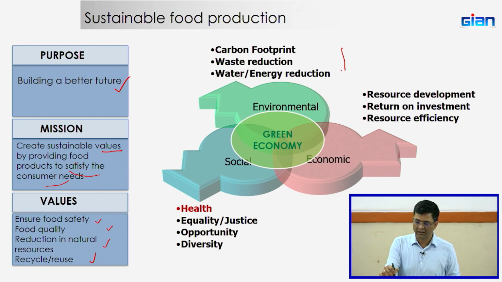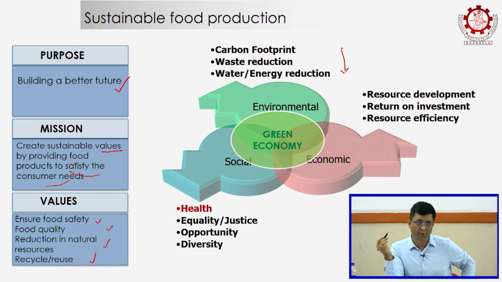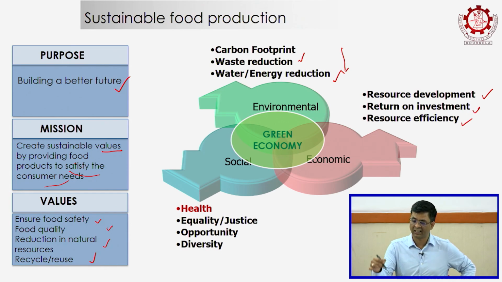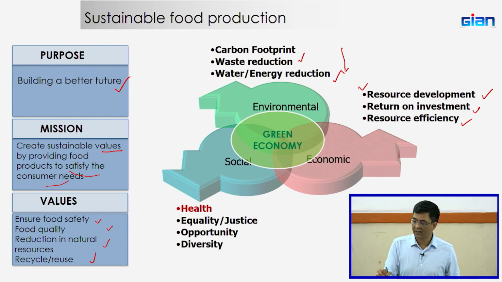Environment, we already discussed all the technologies or processes which can reduce carbon footprint, waste reduction strategies, water and energy reduction. Economic, that is resource deployment, return on investment, resource efficiency. All these three are pretty much related. That means how we allocate different resources, or how we get the return on the investment we are making.